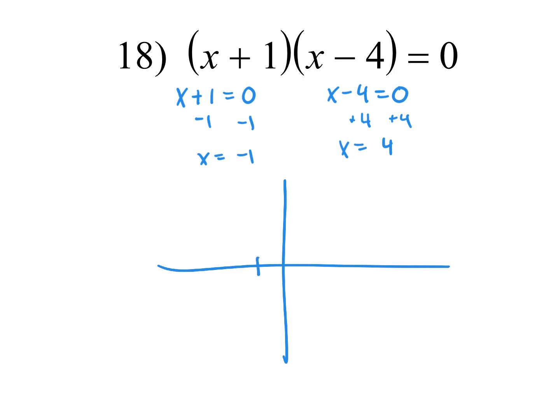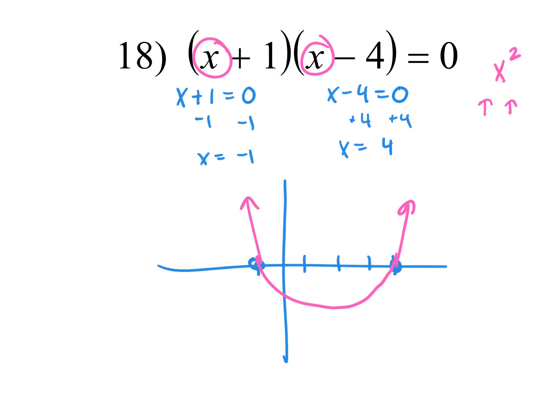I have a point at -1 and a point at 4. And then my end behavior. How many x's do I have? 2. So it's an x squared graph. Do either of those x's in the question have a negative in front? No. So up and up. Perfect. And then just connect the dots down below.